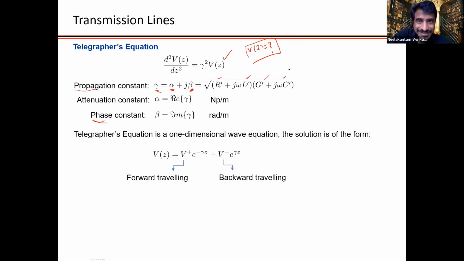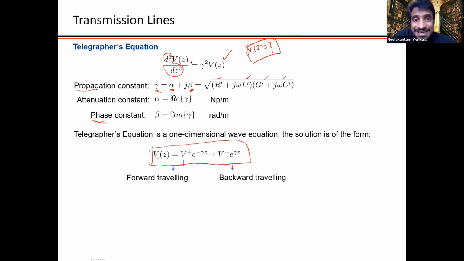Now, the important question that you really need to understand is this solution. You don't have to solve it, but given that the solution is going to be of this form, if you're not convinced, the best way is to take this V of Z, do the double derivative with respect to Z and substitute it back in here.